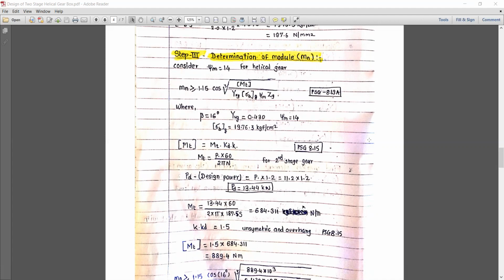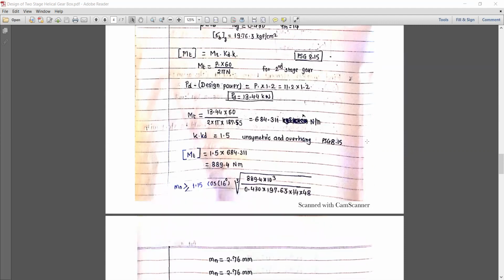Okay, so we get 684.311 Newton meter. So value of KD is equal to 1.5, as we are considering the unsymmetric and overhanging condition from page number 8.15.